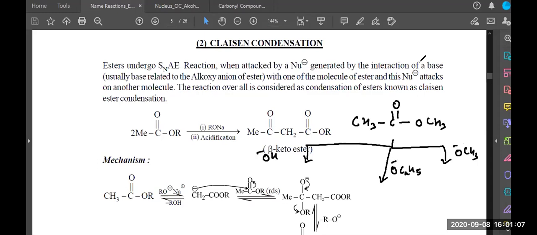Now tell me, out of these three reagents, which will lead to formation of the condensation product? This is A, this is B, and this is C.